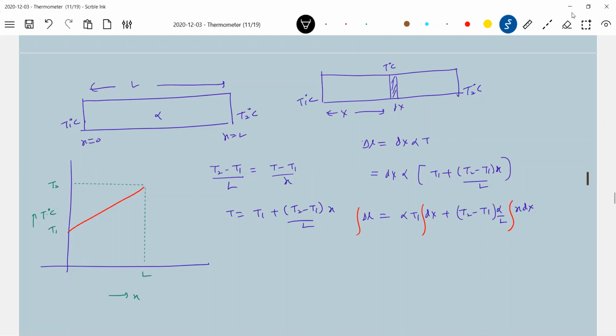So the elongation in that rod will be, with limits 0 to capital L, alpha T1 L plus (T2 minus T1) and so on.